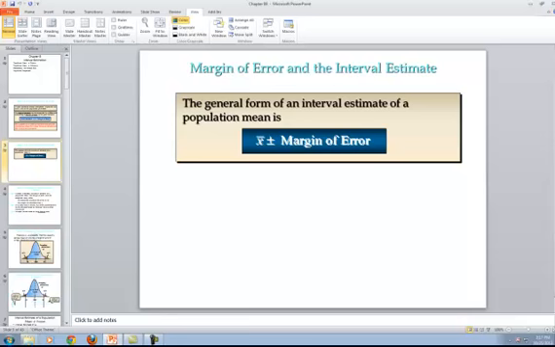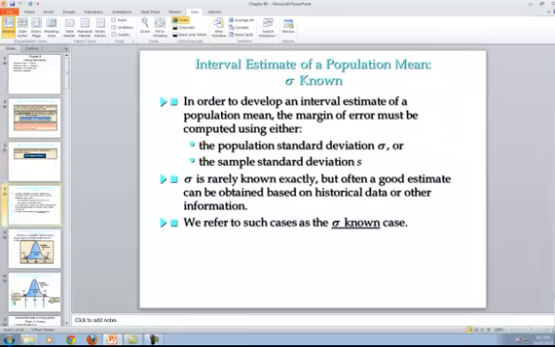This is the general form for the population mean. The sample mean plus or minus some margin of error will contain the population mean with some degree of confidence. In order to develop an interval estimate, we need to construct, therefore, a margin of error.